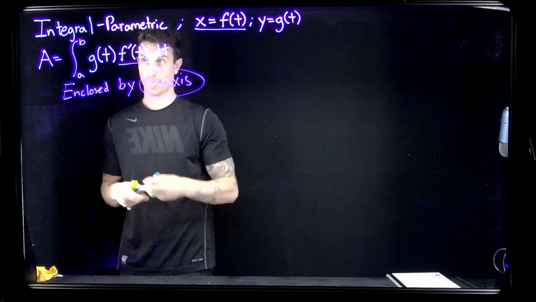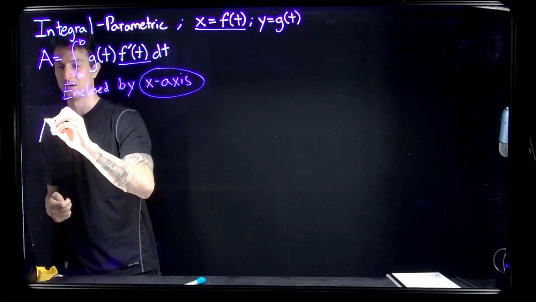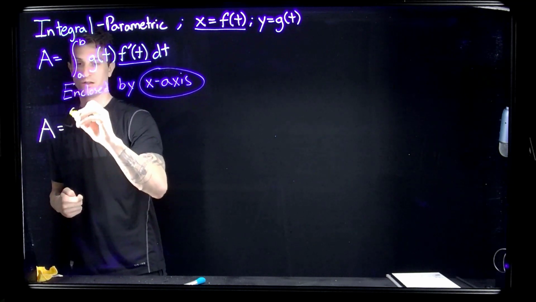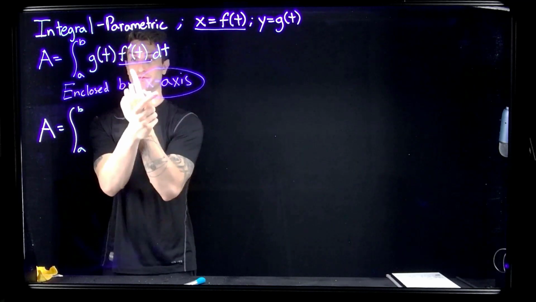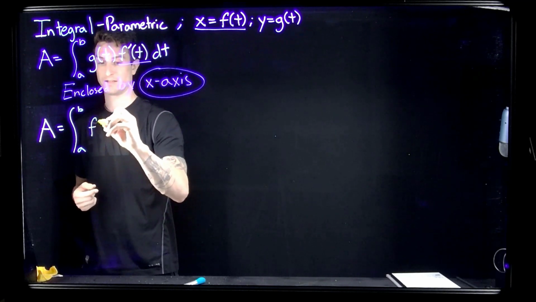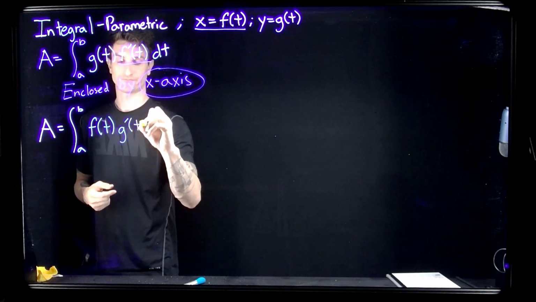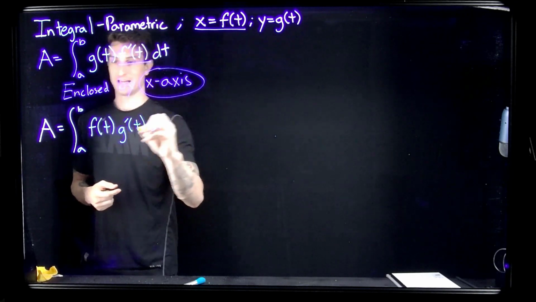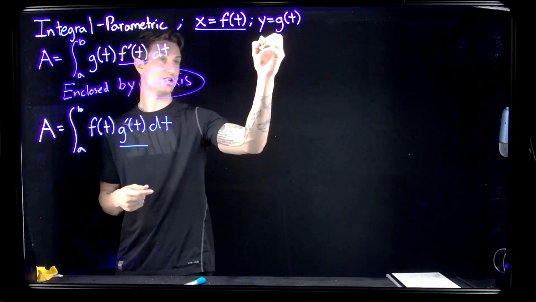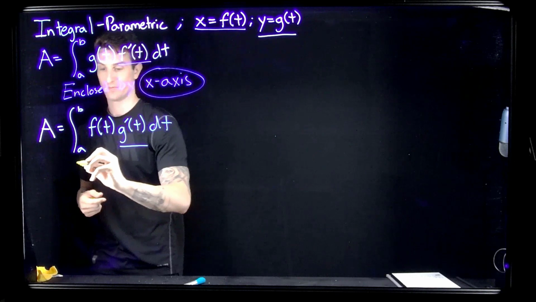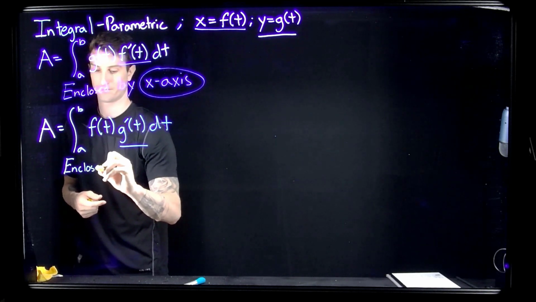And we can say the same thing the other way around. So we have the area equal to the integral from a to b, and now we're just going to flip the order: f of t times g prime of t dt. If we're taking the derivative of g, which is associated with y, we're going to be enclosed by the y-axis.